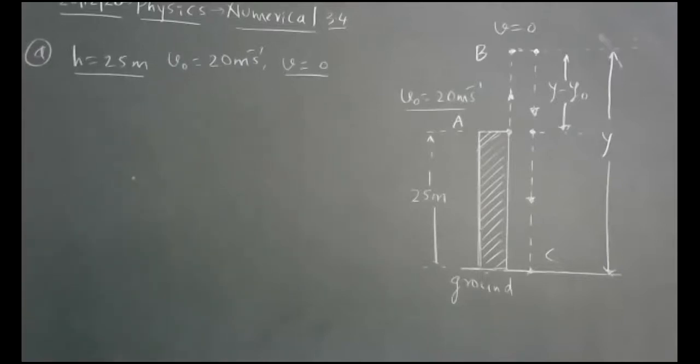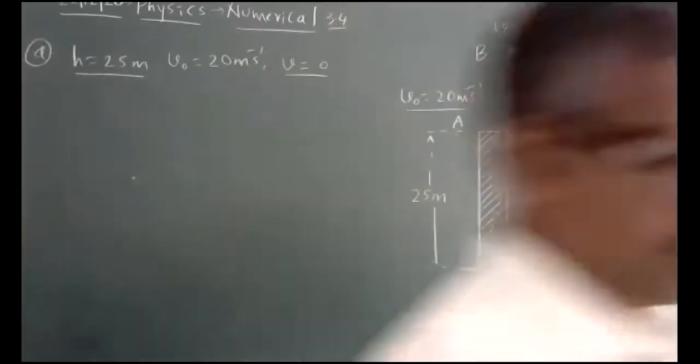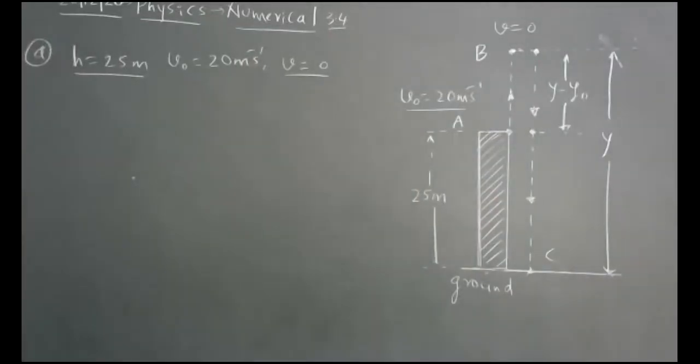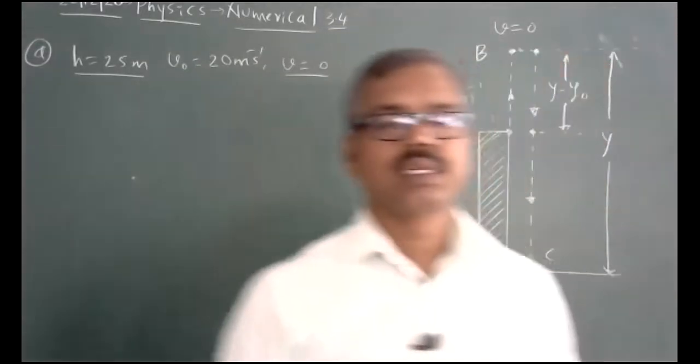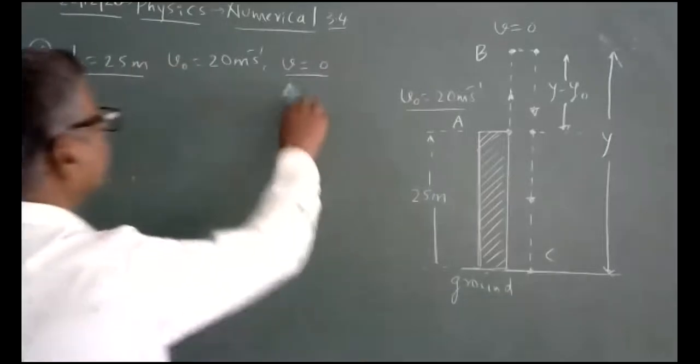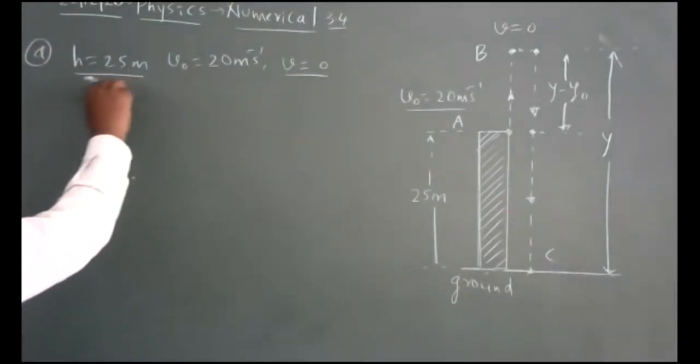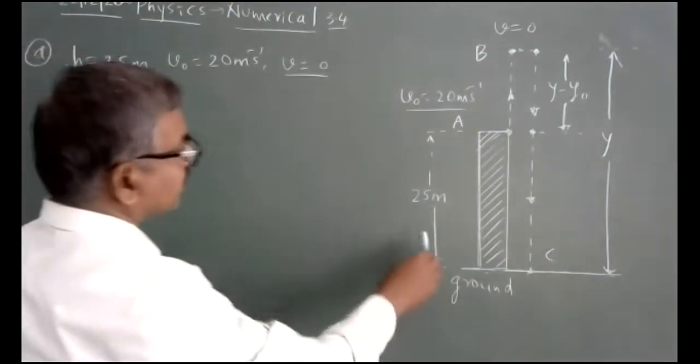So you have a simple analysis. Let me write it here. The whole analysis is looking into the given data. You have final velocity, initial velocity, height, and of course acceleration due to gravity.